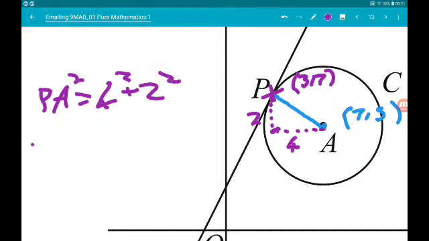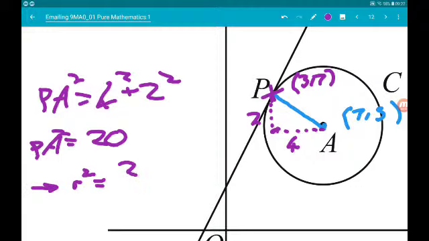So, PA squared is 20. Remember, PA is our radius, so that means r squared is 20. So r is root 20, but we don't need that.